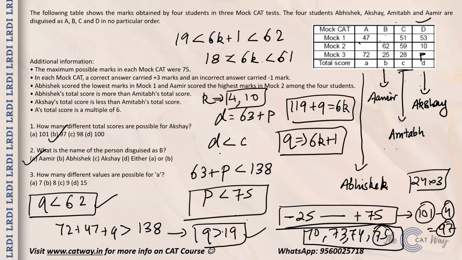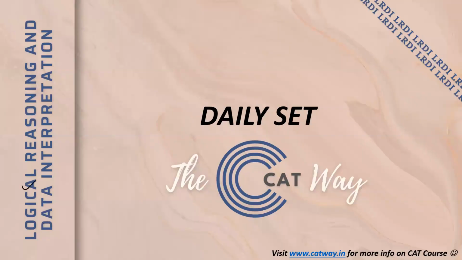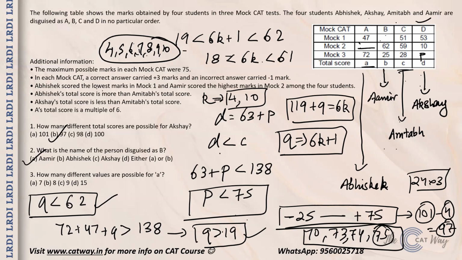So from 4 till 10 are the possible values for K. That means how many values? You have 4, 5, 6, 7, 8, 9, and 10. So in total, 7 options are available for this. So that means there are 7 possible values for A. So the correct answer for this question is also option number A7.